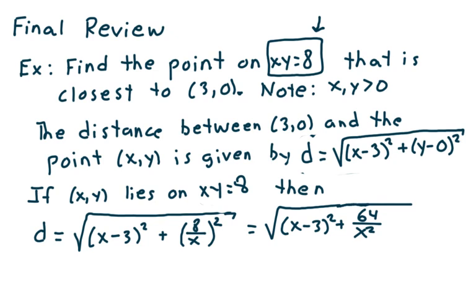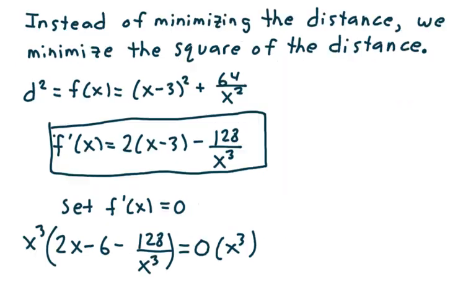So in other words, we're trying to find the point on the graph where the distance between that point and (3, 0) is minimized. Now, instead of minimizing the distance, we minimize the square of the distance.